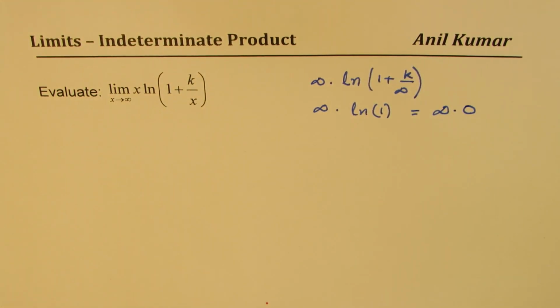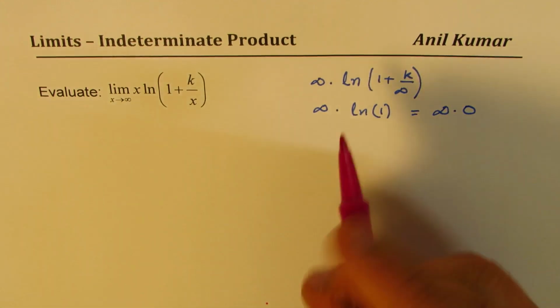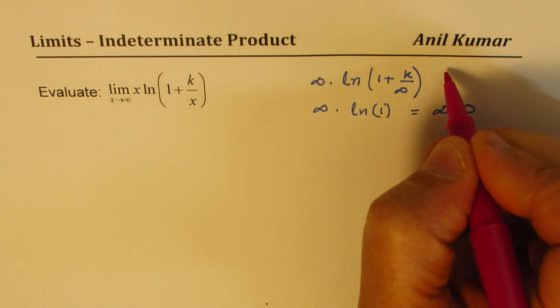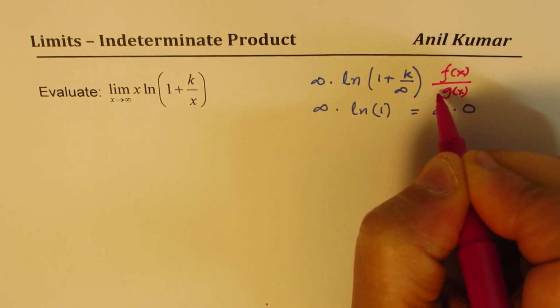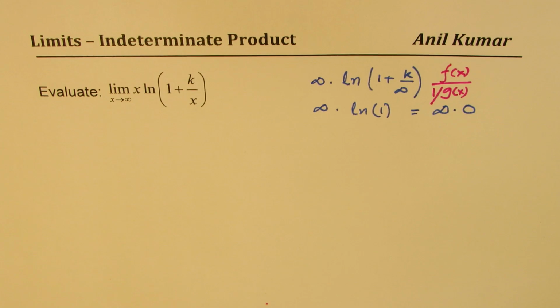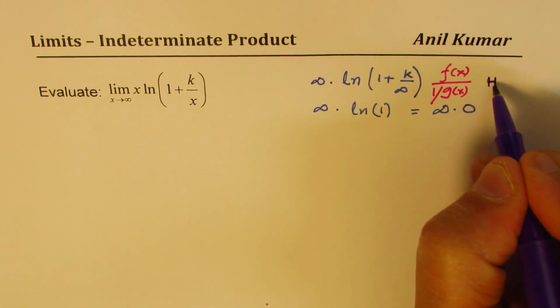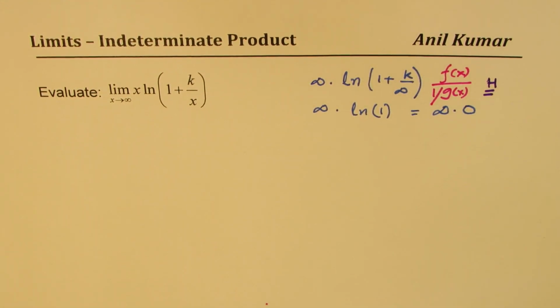So we get a situation which is infinity times 0. It's a product, right? Our approach is to write this as a ratio of functions, in the form f of x over g of x, with 1 over x, correct? Then we'll apply L'Hopital's rule. That's the whole idea.